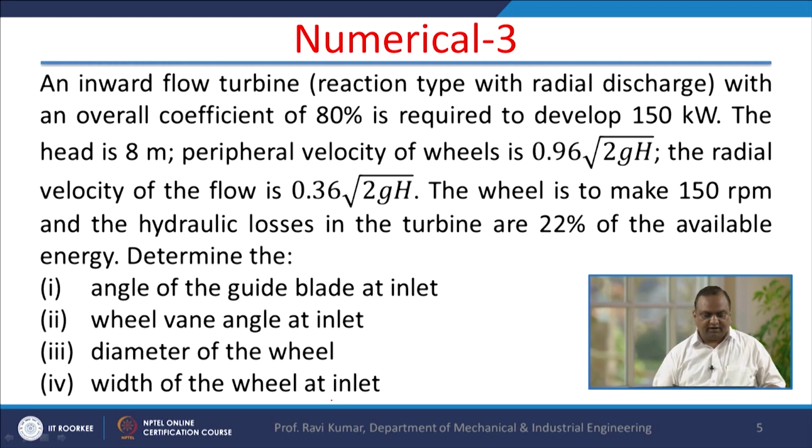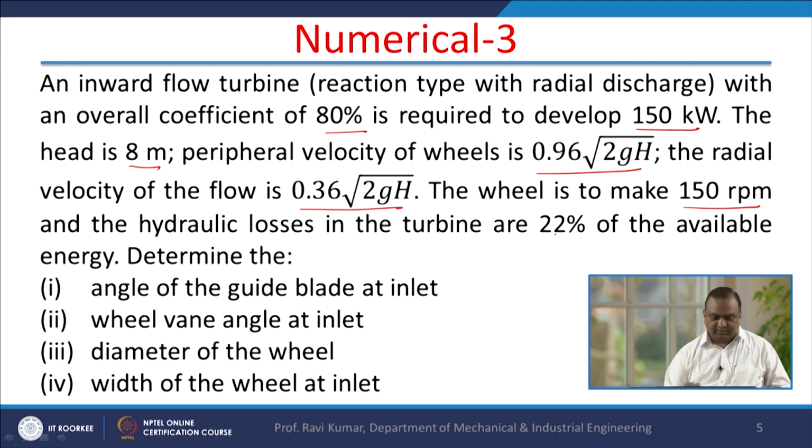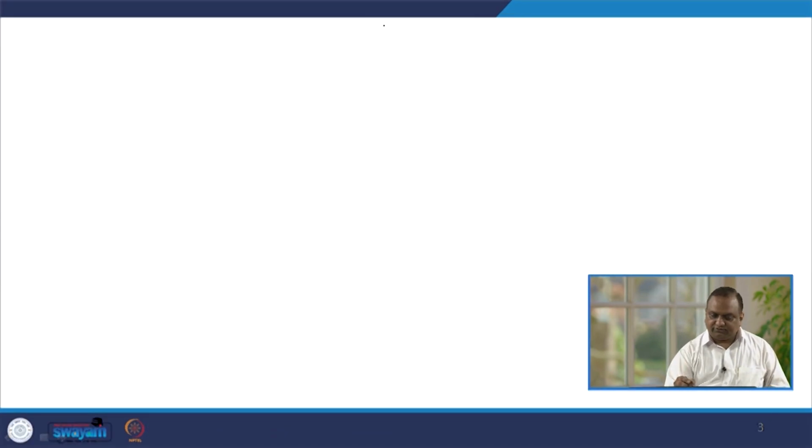So, it is a Francis turbine with an overall efficiency of 80%, required to develop 150 kilowatt of power, head is 8 meter, peripheral velocity of the wheel u is 0.962 root 2gH, radial velocity of flow is 0.36 root 2gH, wheel is to make 150 rpm, and the hydraulic losses in the turbine are 22% of the available energy. Find the angle of the guide blades at inlet, wheel angle at inlet, diameter of the wheel, and width of the wheel at inlet.